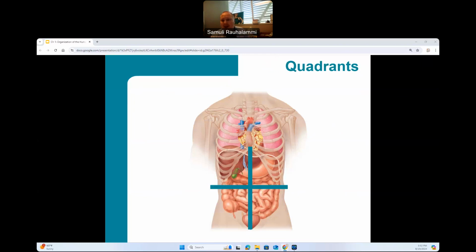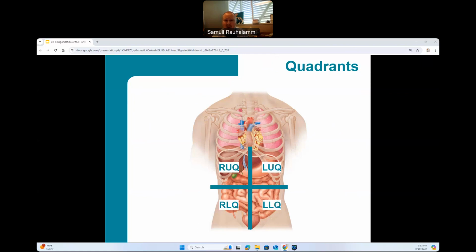We can further divide the abdominal pelvic cavity into 4 quadrants. So let's have a look at those 4 quadrants of the abdominal pelvic cavity. We're going to have our right upper quadrant, left upper quadrant, right lower quadrant, and left lower quadrant. Then we can use those to define what organs we find in each of the quadrants.